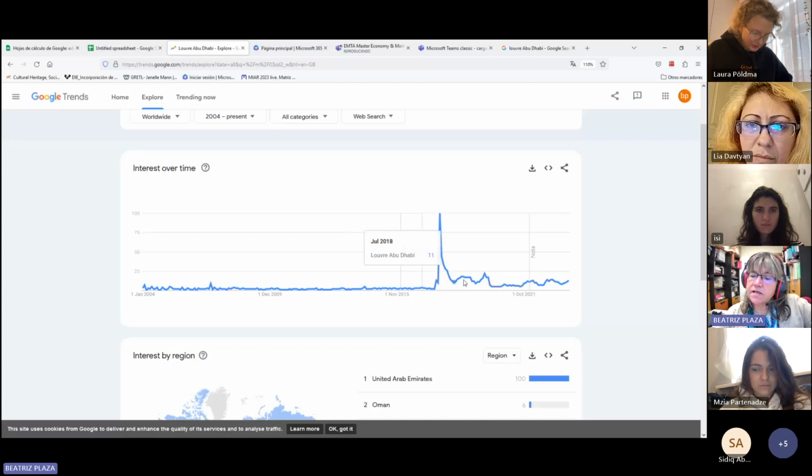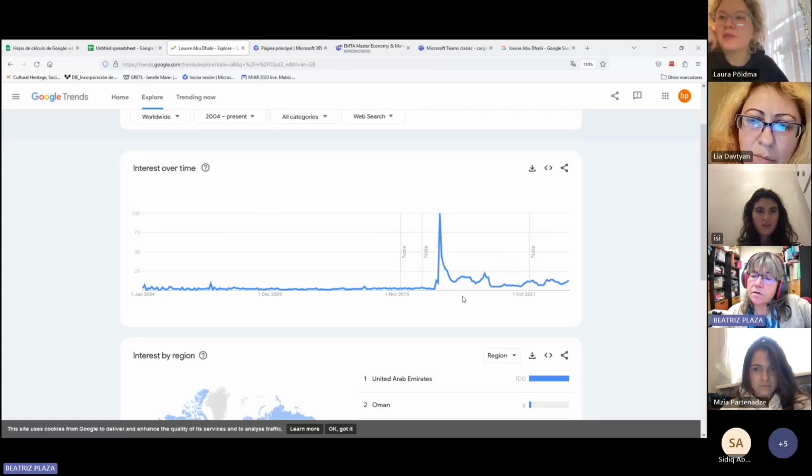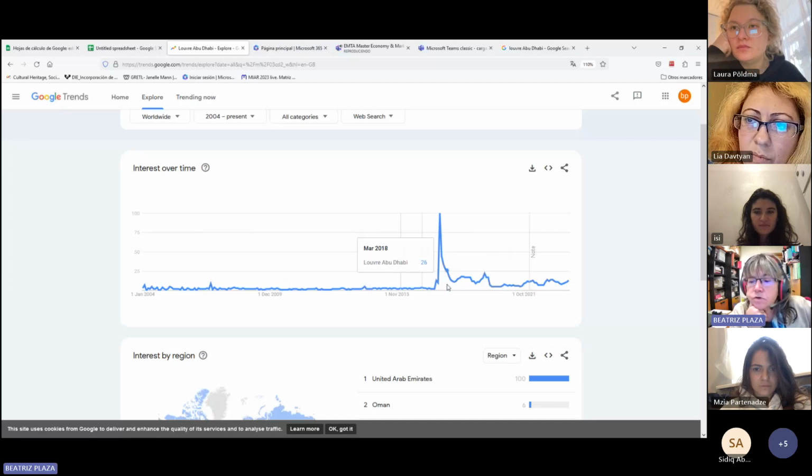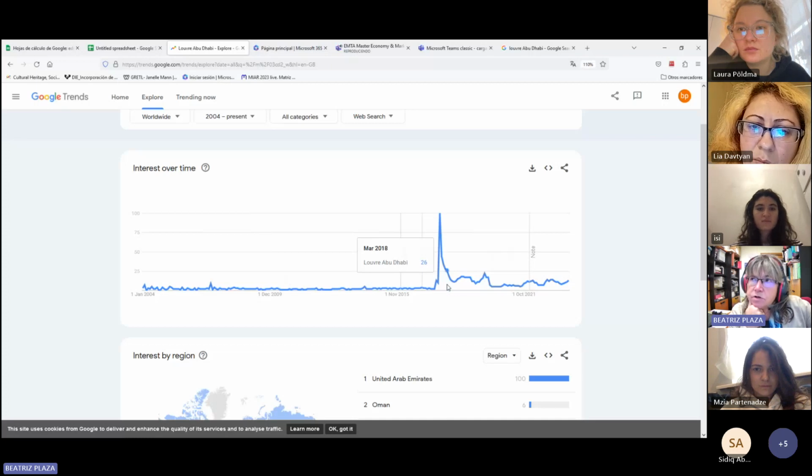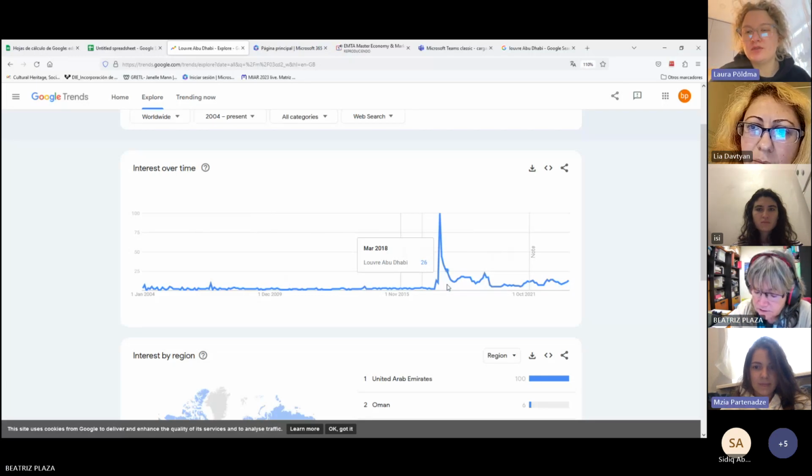But the most important thing is at which level it stabilizes. In your opinion, in which month would be the maximum number of visitors in a museum in Europe? Usually in summer, maybe July or August.